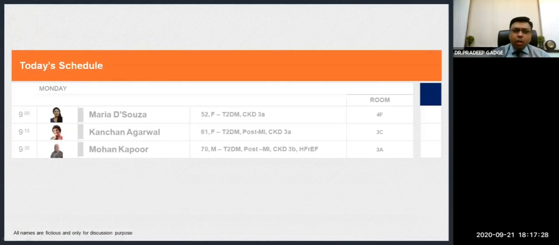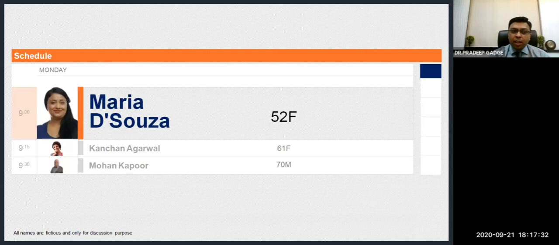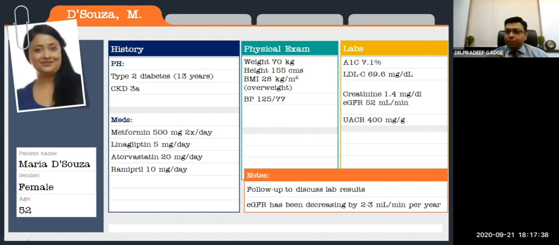Now, first we will discuss the case of Mrs. D'Souza. See this patient. She is a 52-year-old lady, diabetic since 13 years, and she already has CKD stage 3A.